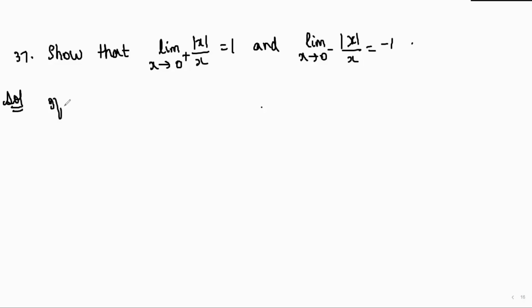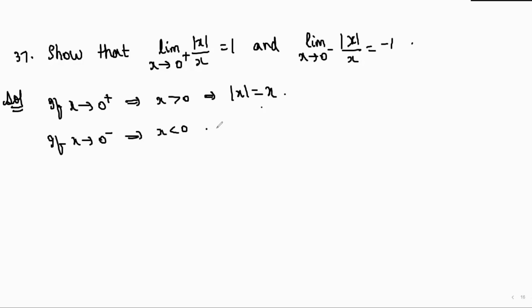If x tends to 0 plus, x is positive, which implies mod x is x. And if x tends to 0 minus, x is negative, and in that case mod x is equal to minus x.